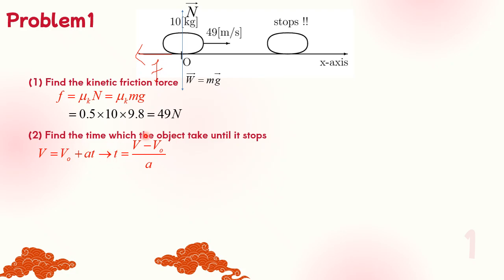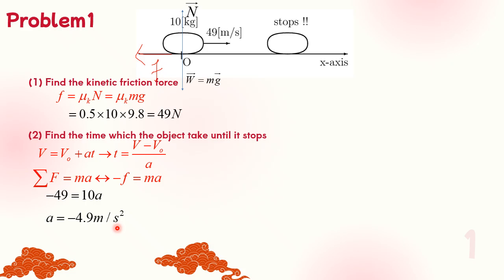As you know, this object experiences the friction force that opposes it. So according to Newton's second law, we have minus F equals ma. Its value is minus 49, calculated here, and its mass is 10, times a. So its acceleration is minus 4.9 meters per second squared.